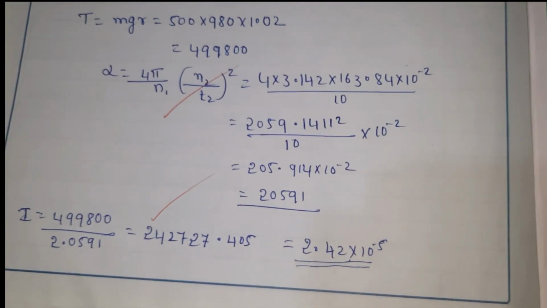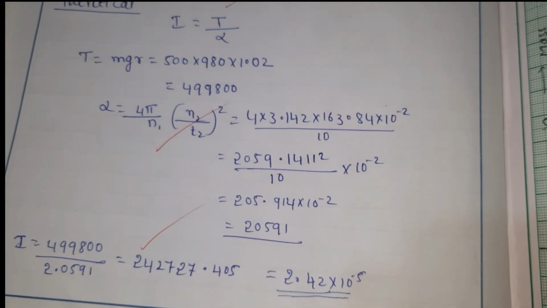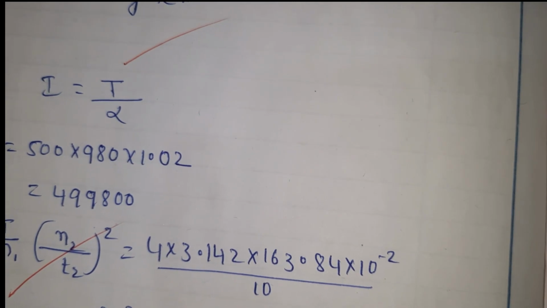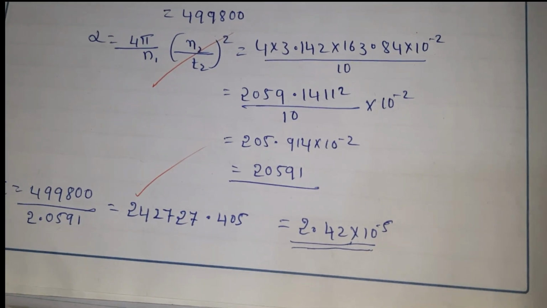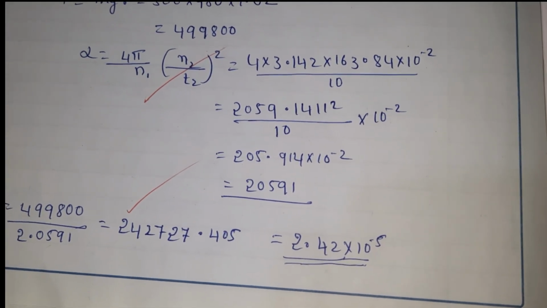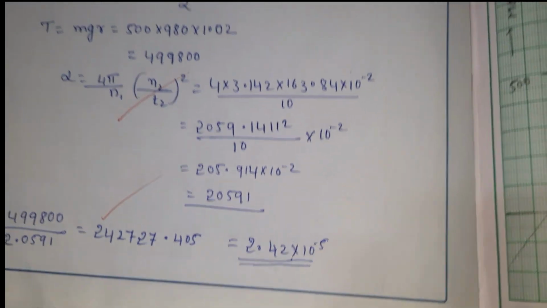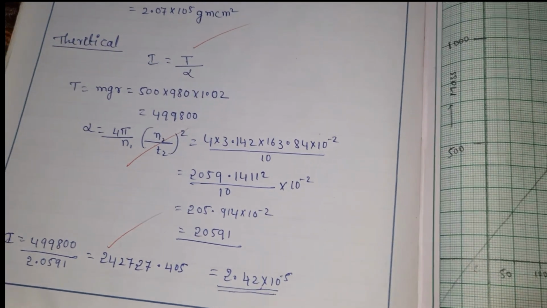After calculating the angular acceleration, use the formula I equal to torque by alpha. Put the value and you will get the moment of inertia, which is about 2.42 into 10 to the power 5.